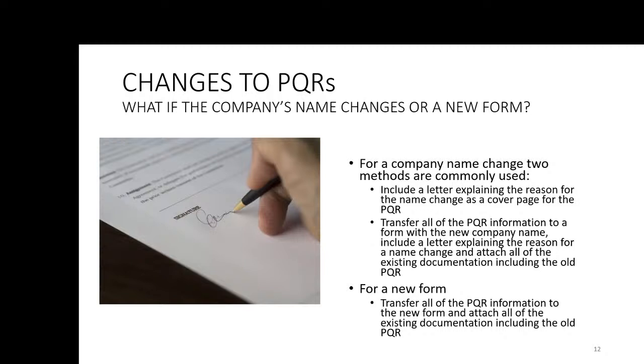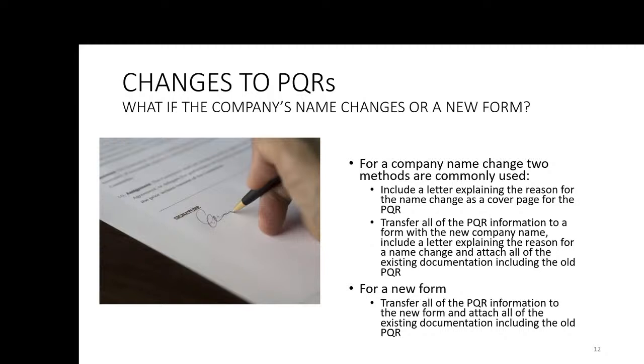If the company name changes, then you've got to address that. You're going to include a letter for the name change as a cover page for the PQR, or you could transfer all the PQR information to a form with the new company name, including a letter explaining the reason for the name change, and attach all that documentation, including the old PQR.